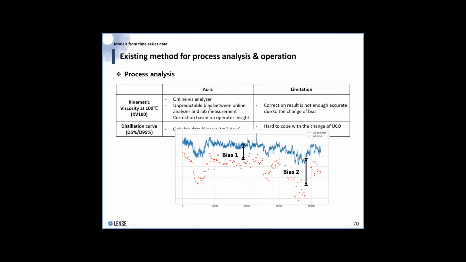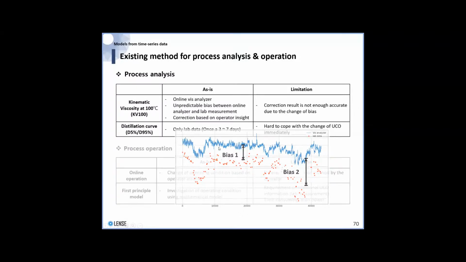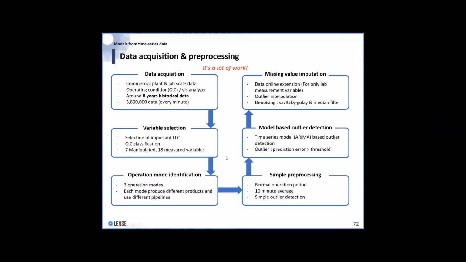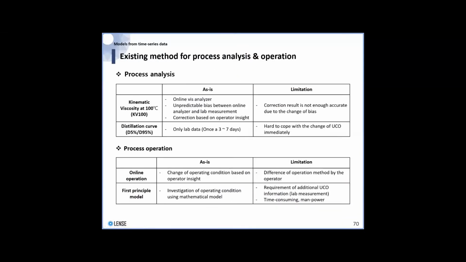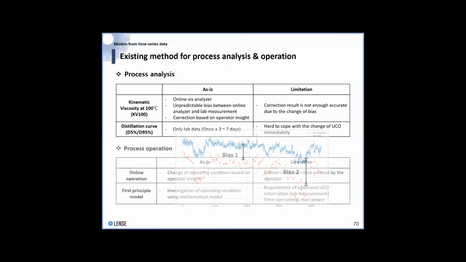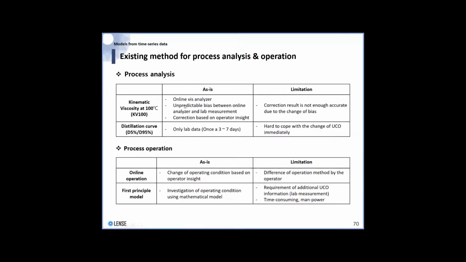To make this long story short, what they wanted to know is the kinematic viscosity at 100 degrees and distillation curves and so on. The problem was that they had an online analyzer, but with a variable bias.